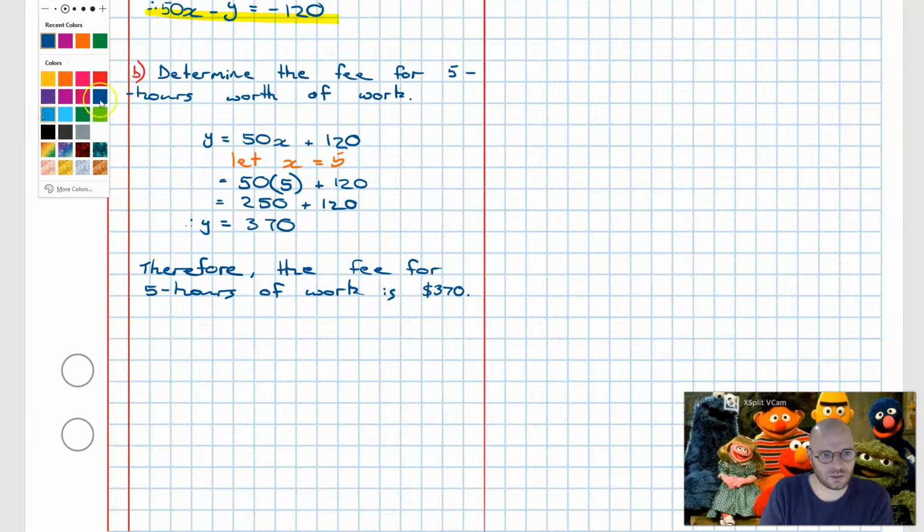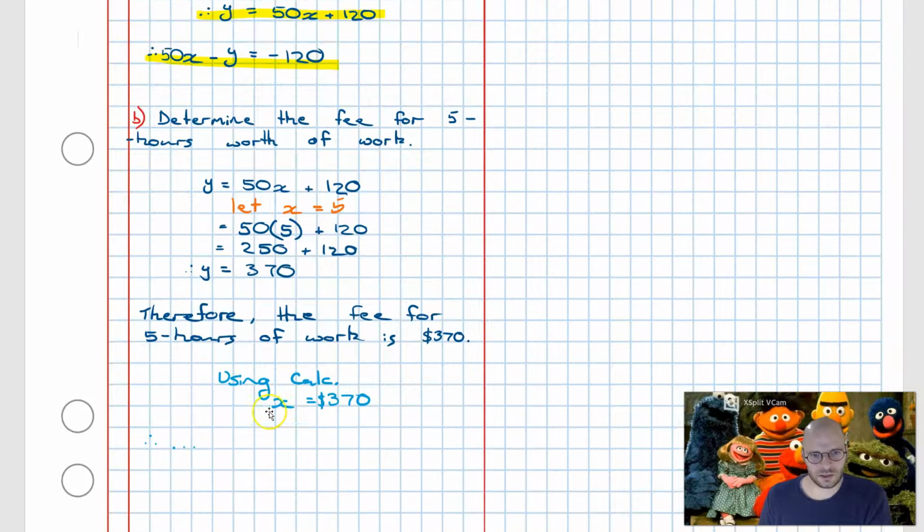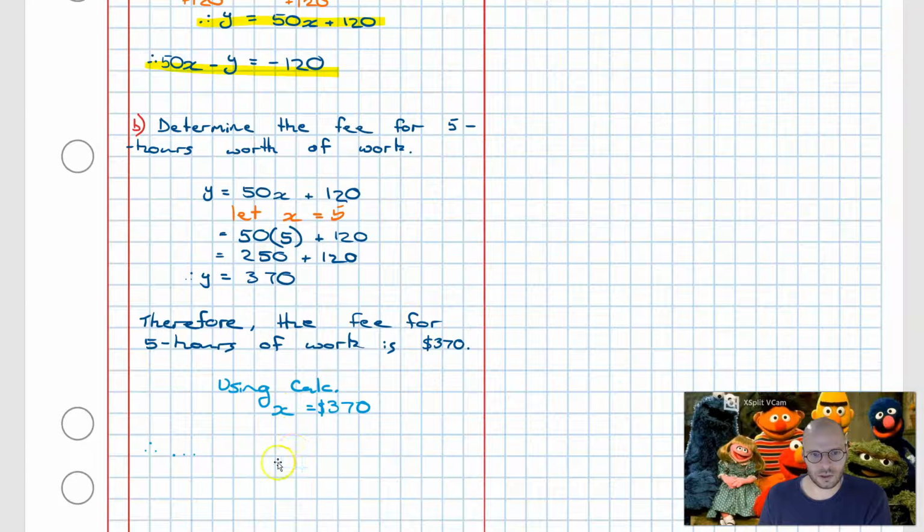Now, the way in which we'd show this in a test condition is we'd say using calc, and then we'd write x equals 5, y equals 370, therefore blah blah blah. So basically what we said over here. Now, the technology solution to this problem is completely adequate, provided that the question doesn't say show or demonstrate algebraically. If it just says calculate or compute, then use the calculator.